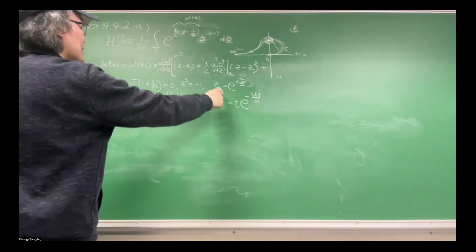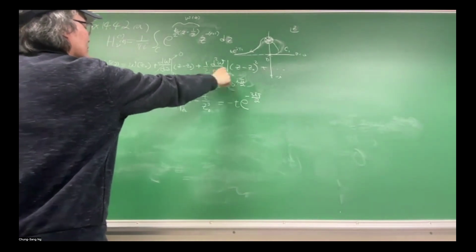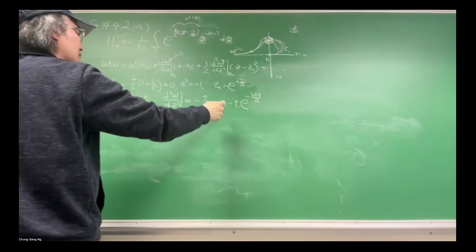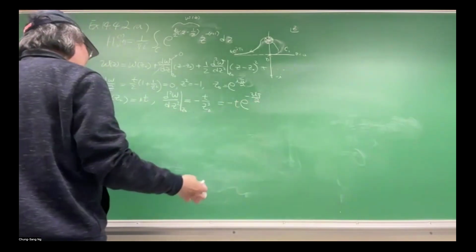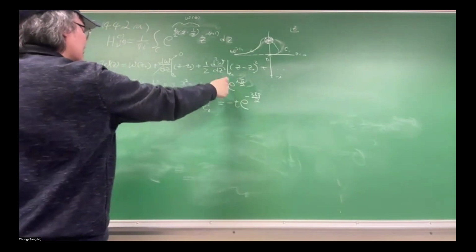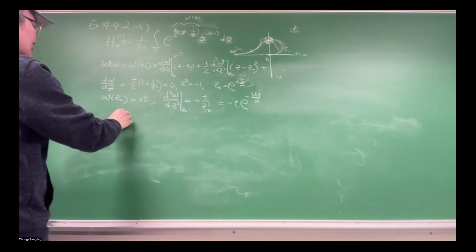If you substitute this in, just consider this term. We want to make this term minus some real variable squared. So plug that in here.